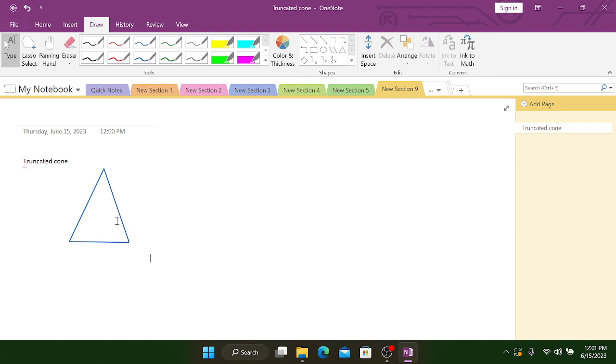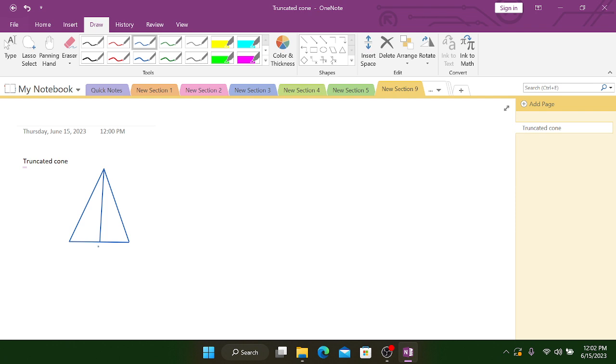Then you are going to cut along the axis from the base, around 15 millimeter.